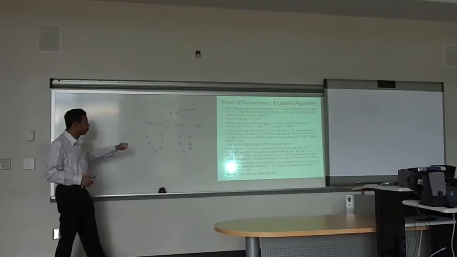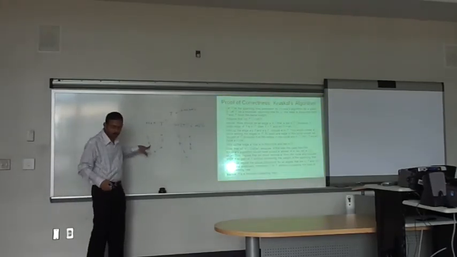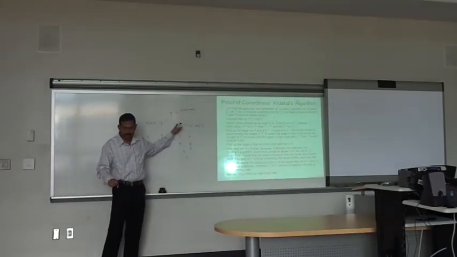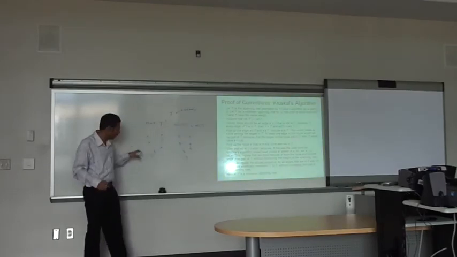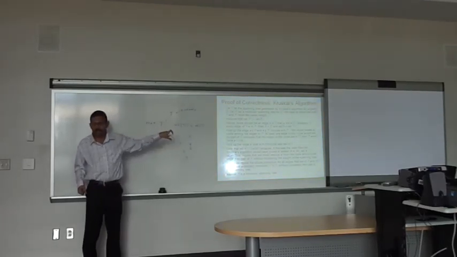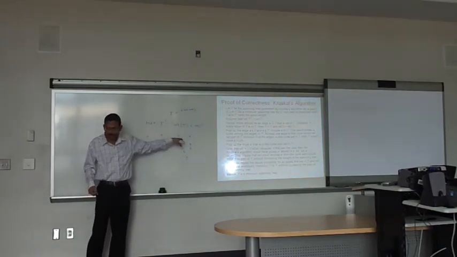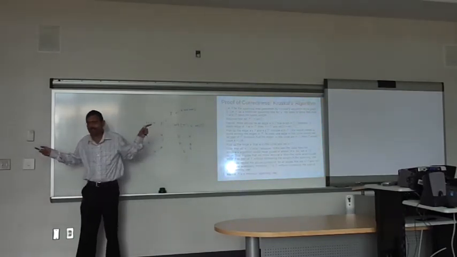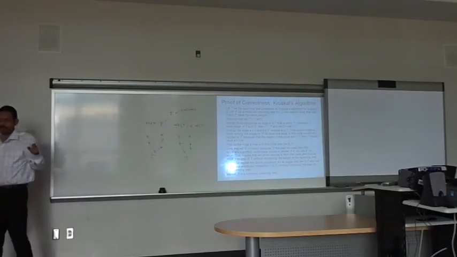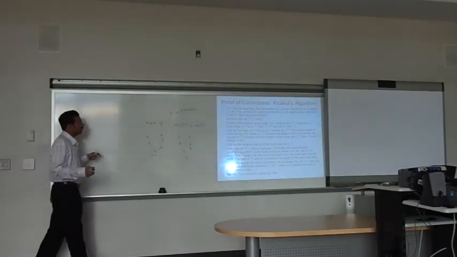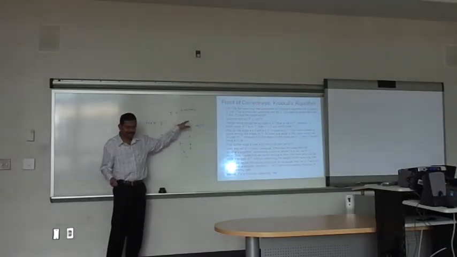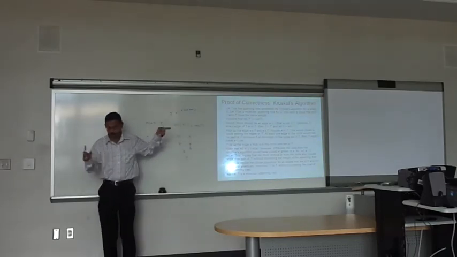And for the weight of T prime to be less than the weight of T, they have different weights, so they have to have some difference in the structure. If both have the same edges, then both should have the same weight, right? So if you want to argue that the weight of T prime is less than the weight of T, both should have different structure.